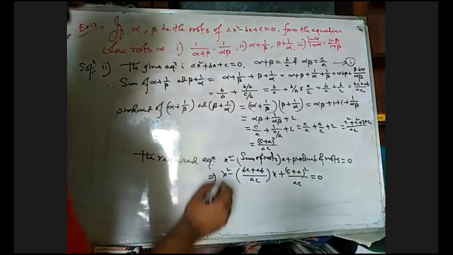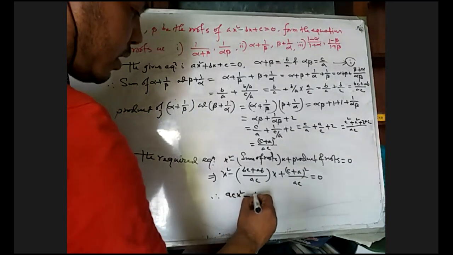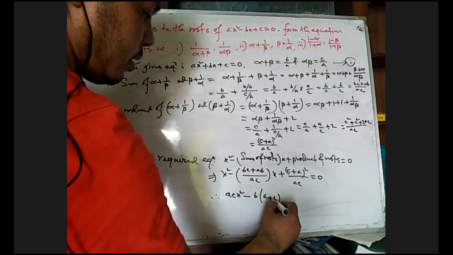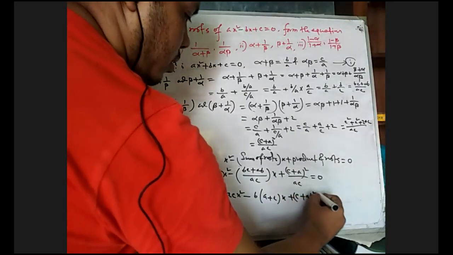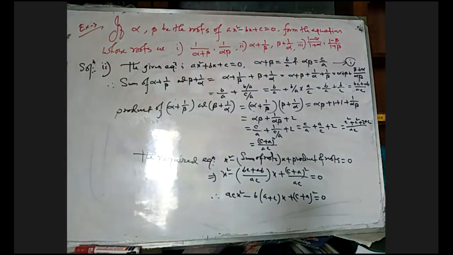Now multiplying by ac on both sides, we get ac x square minus (a plus c) b x plus (c plus a) whole square equals to 0. And this is the required equation.